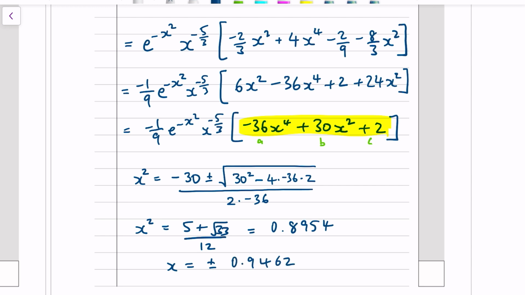Okay, so those are points of inflection, because if we look at the other parts of the expression, this is always negative. It's an exponential with a minus negative coefficient. And the x to the minus 5/3 term, what does that equal? Well, that alternates sign.